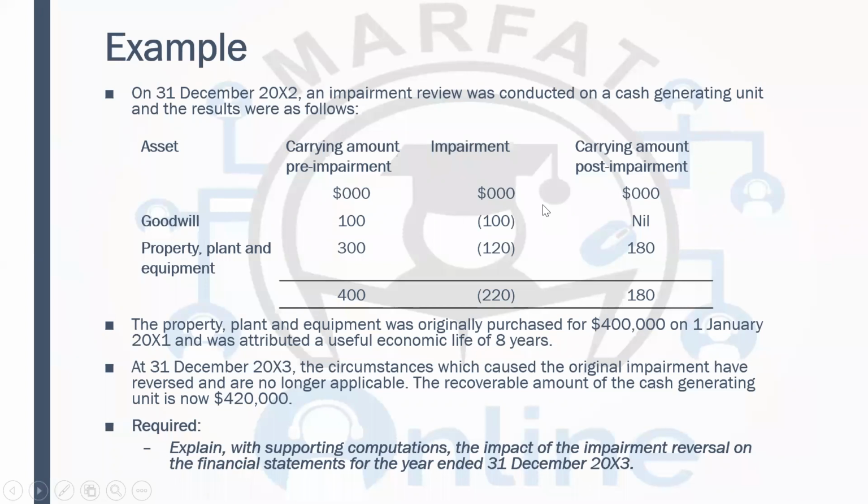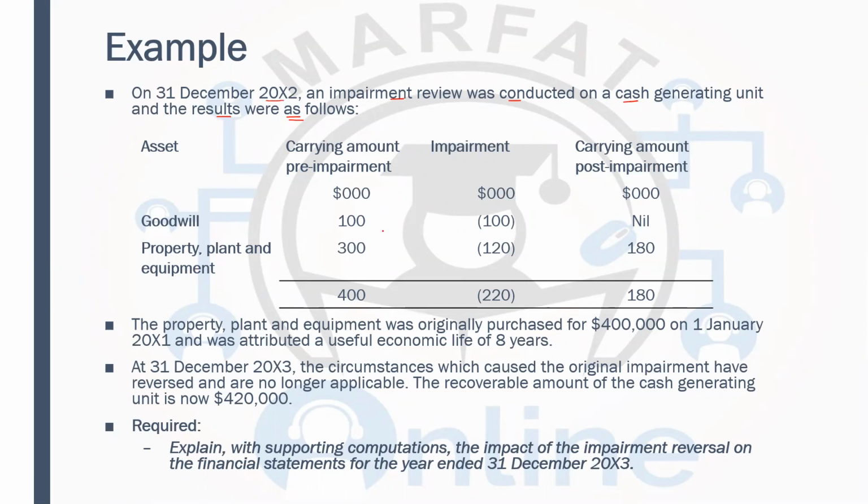All right, now we have another example of the reversal of the impairment loss. On 31st December 20x2, an impairment review was conducted on a cash generating unit, and the results were as follows. We have the goodwill and the property, plant, and equipment. We know once there is an impairment of the cash generating unit, first of all, you have to charge it to the specific asset, then the goodwill, then other assets on a pro rata basis.